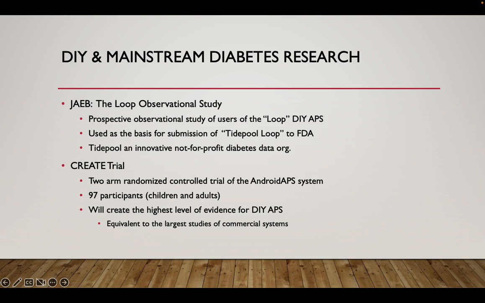So a prospective study means that they enroll people and collect their data after enrollment. A retrospective study means you enroll people in the study and then you look at their existing data or their prior data. And the purpose of this study was to provide evidence around safety and efficacy of the Loop algorithm to be used as the basis for submission of Tidepool Loop to the FDA.